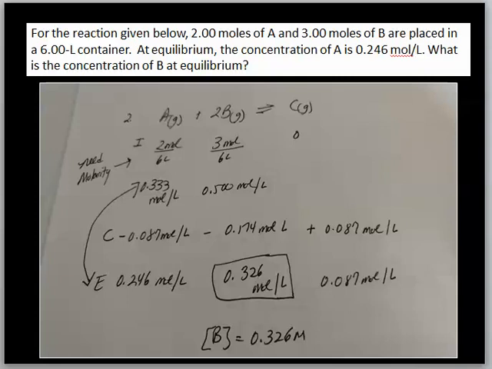And if you were solving for C, you would have gained the same number of moles per liter of C that you lost of A. You know that you lost A and B because of the equilibrium amount of A being smaller than the initial amount. So when you look for the equilibrium amount of B, take the initial 0.500, subtract the 0.174, and that gives you the equilibrium molarity of B.